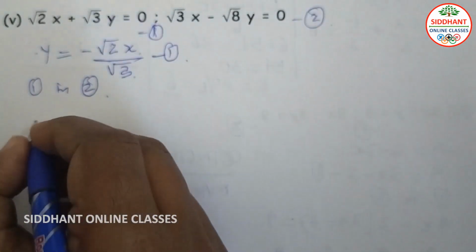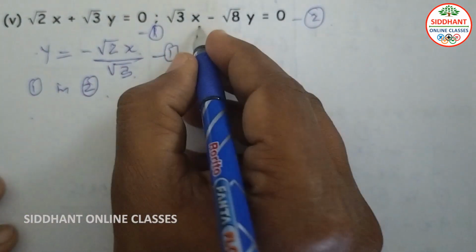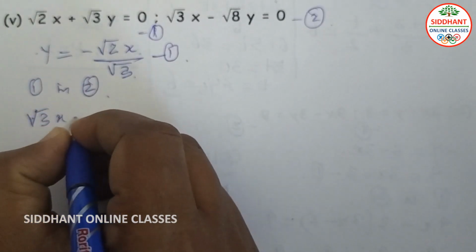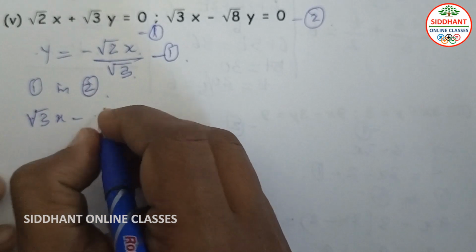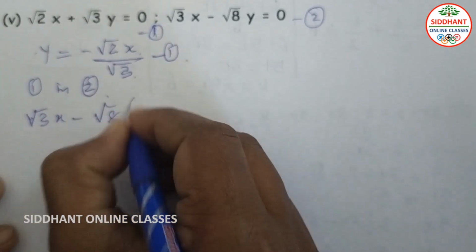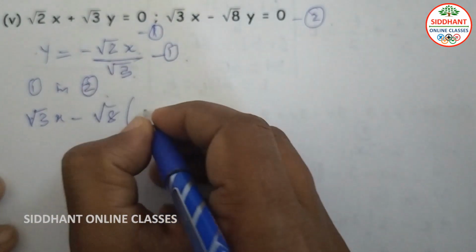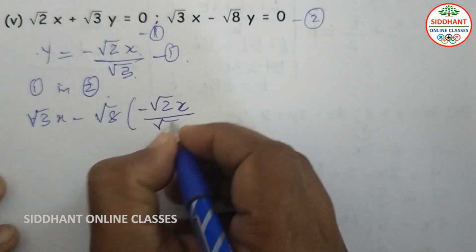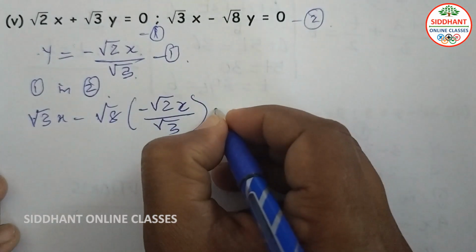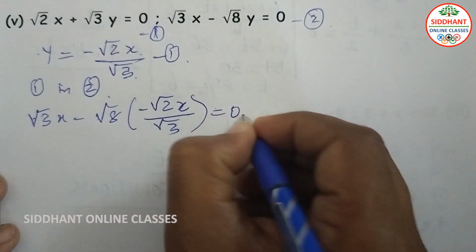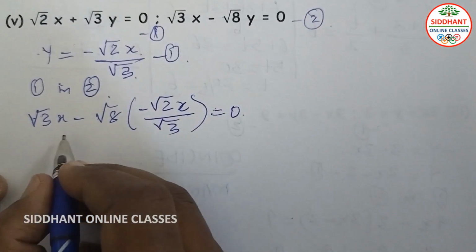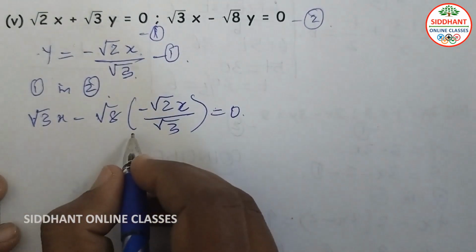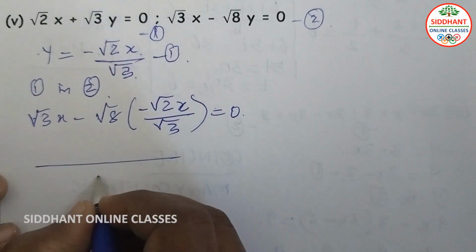So now we are going to see root 3x minus root 8, which is substituting minus root 2x by root 3 here, that equal to 0. So now we are going to take root 3 as LCM.